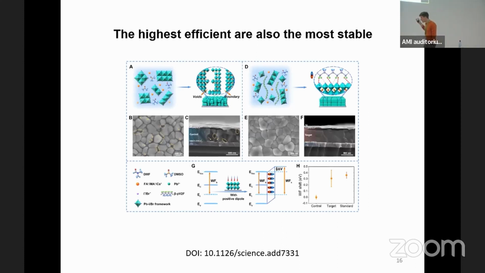So that's the method that we recently published to get this 4,000 hour T80. We use a polymer in the perovskite precursor solution. And essentially, we managed to control the arrangement of the crystallites of the perovskite film. We moved from a more porous system to a more compact system.